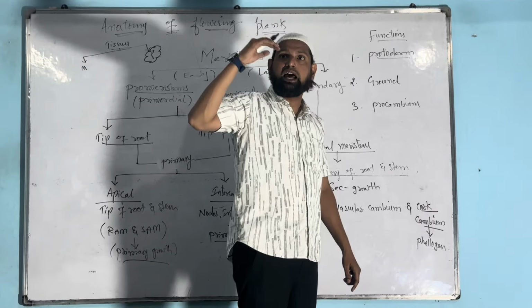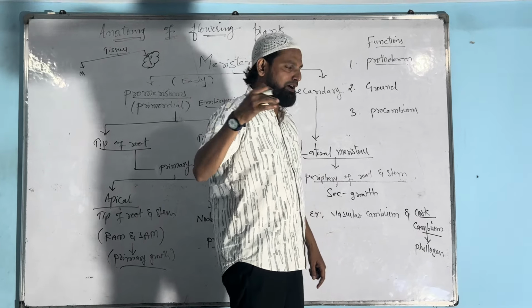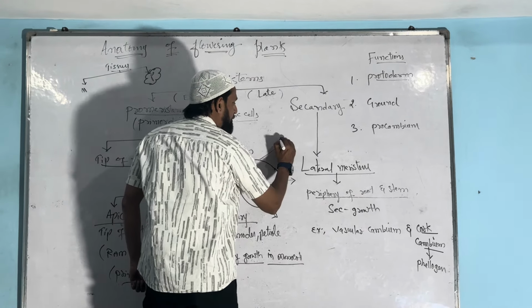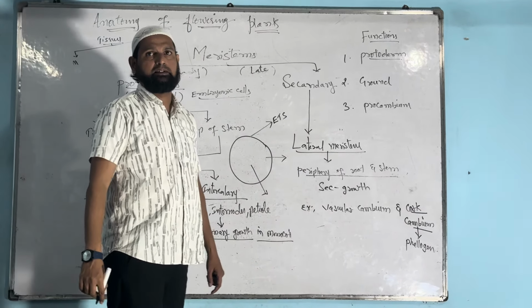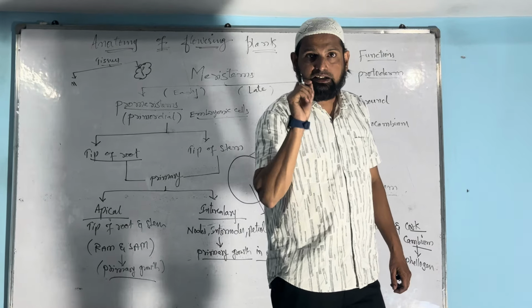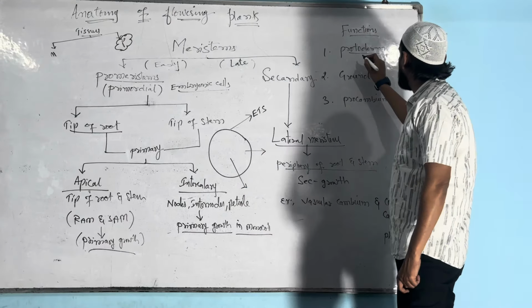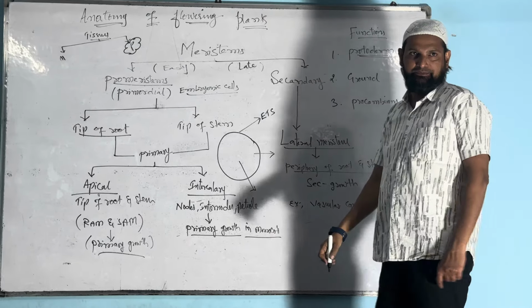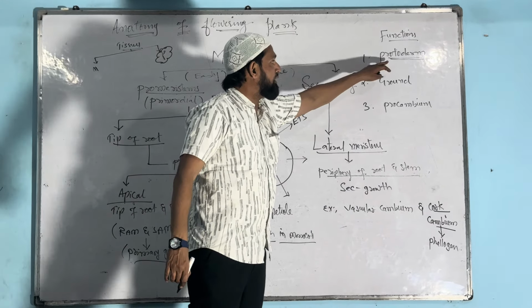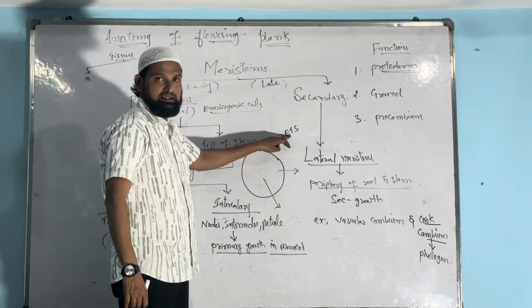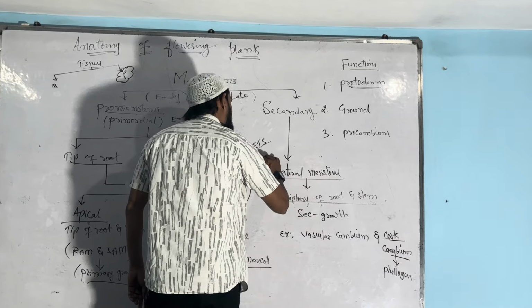When it becomes mature by the process of differentiation, it gives rise to epidermal tissue system parts. Epidermal tissue system parts are provided by which meristem? Protoderm. So protoderm gives rise to ETS, and the best example is epidermis.